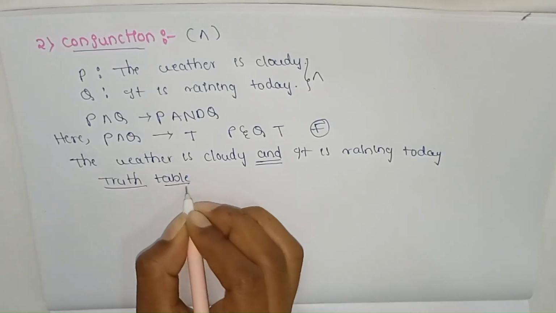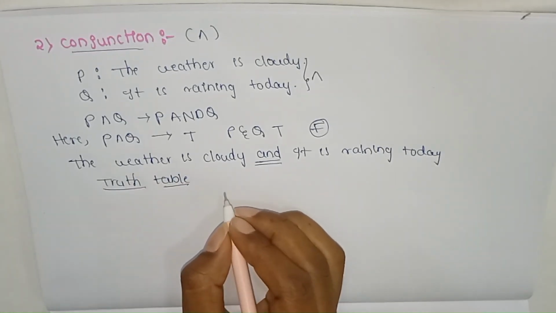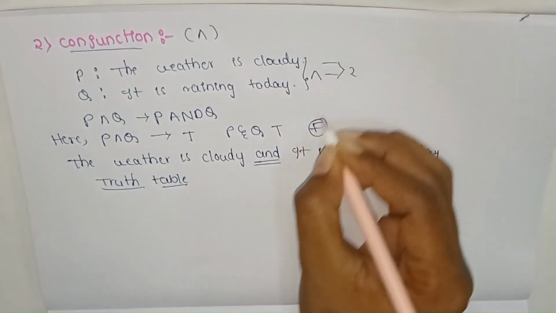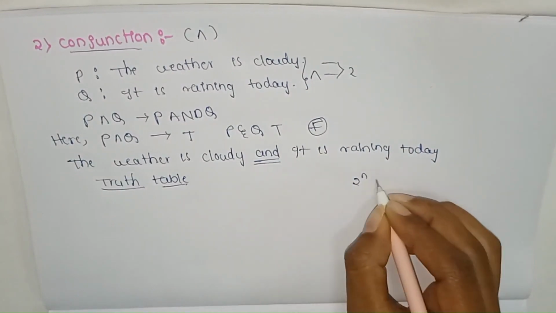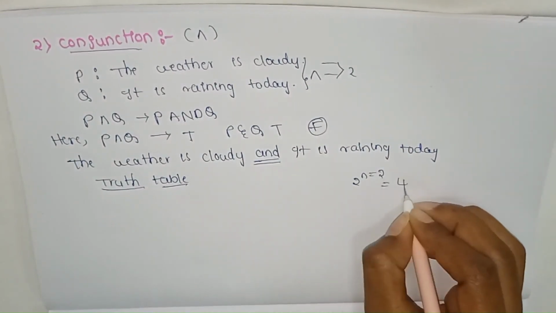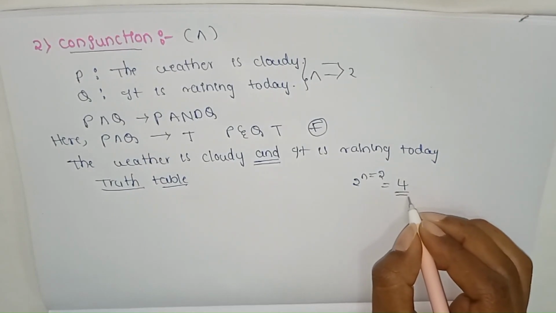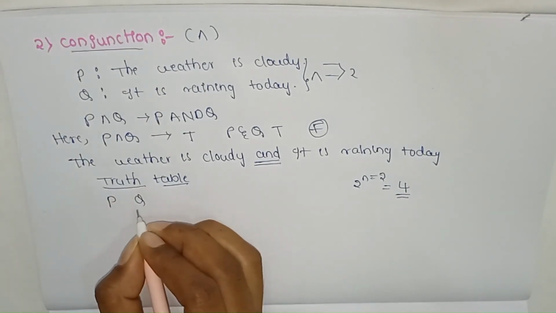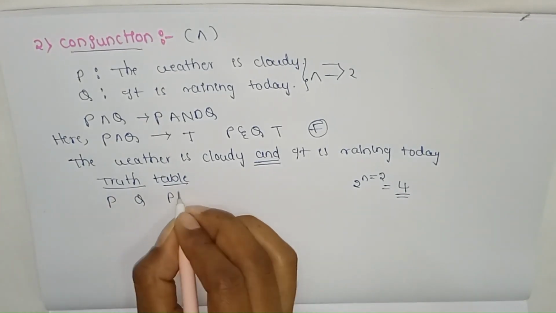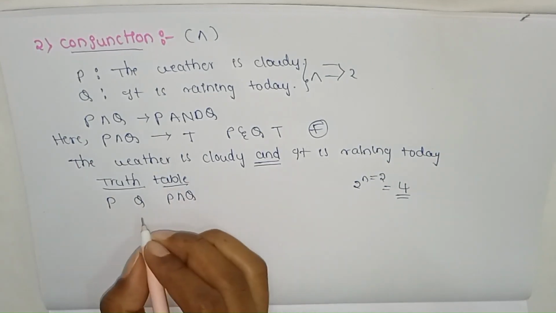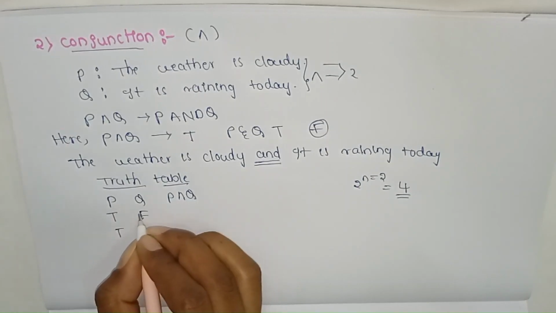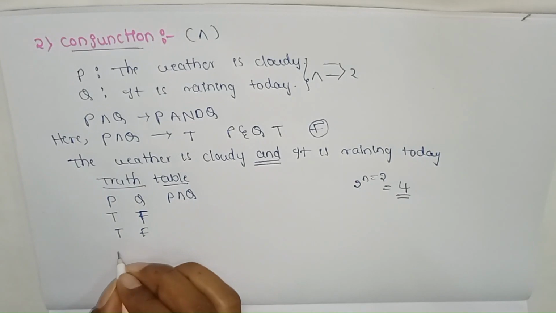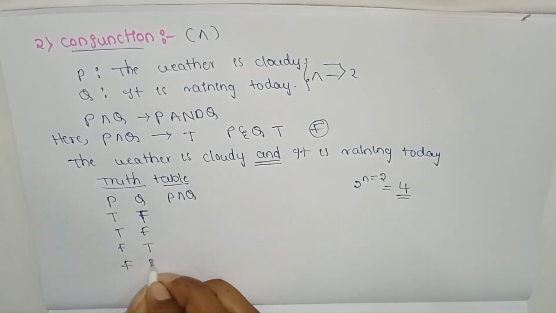Here we have two statements, so the total number of possible truth values is 2 power n. Here n is equal to 2, and 2 squared is 4. The total number of possible truth values is 4. The columns are P, Q, and P and Q. The truth value combinations are true true, true false, false true, false false.